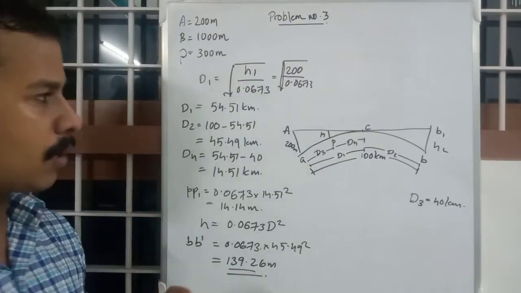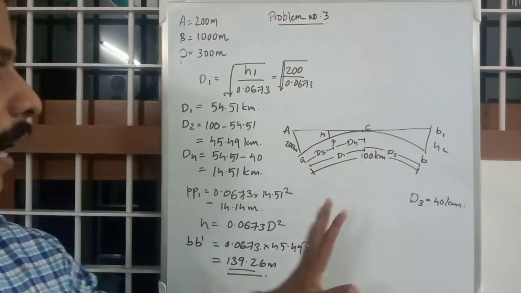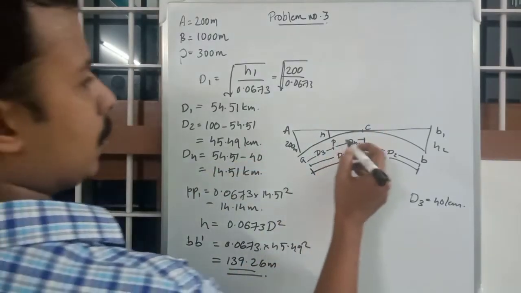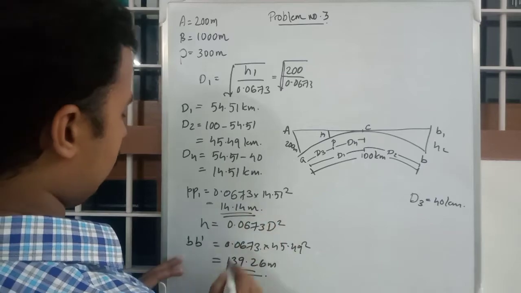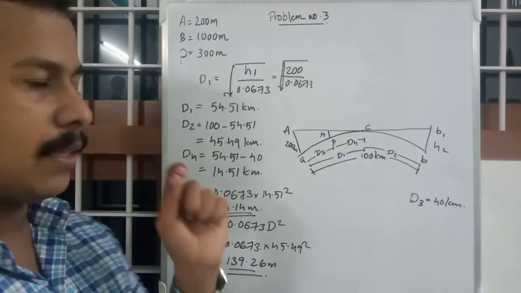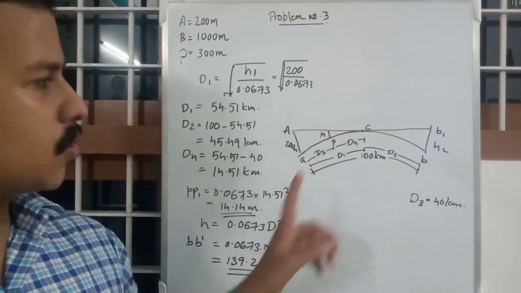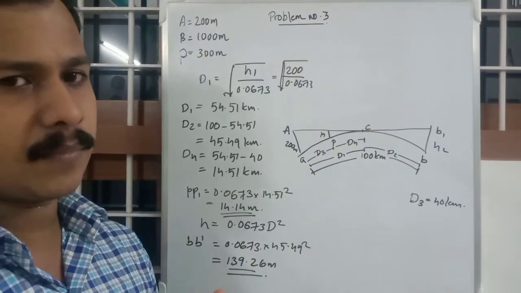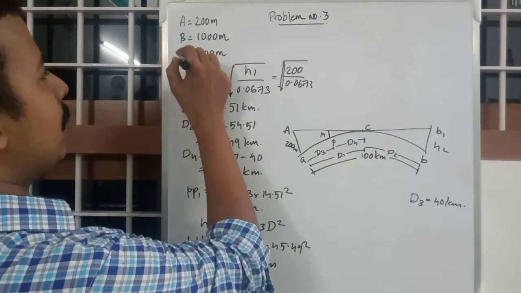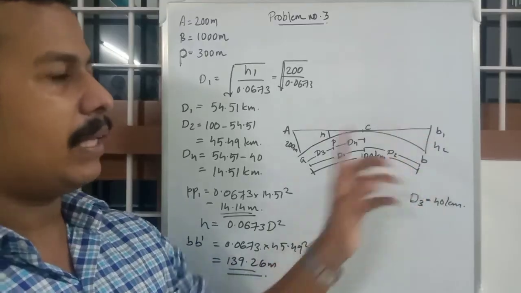So we have found all the height values and all the distance values regarding this particular sketch. We know PP1, we know BB1 and all the distance values. Then what is your next step? Now our constraint is this P. Your initial question is, covering this peak of 300 meter height, are A and B intervisible?